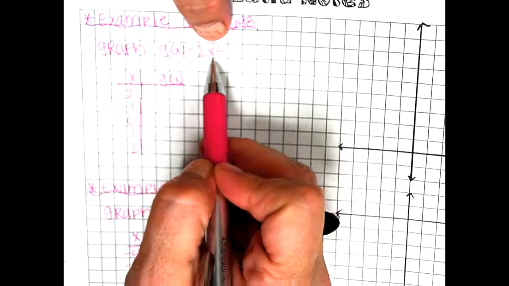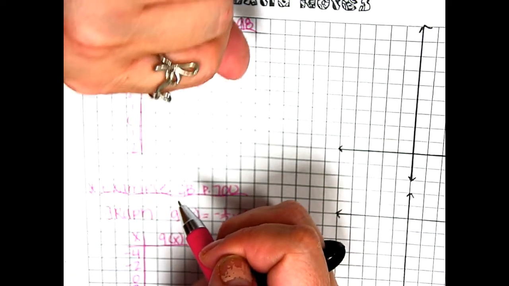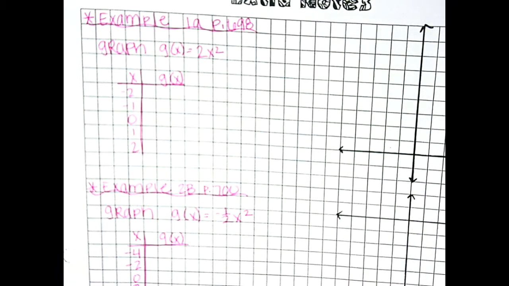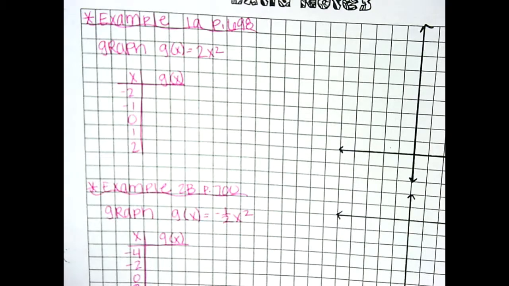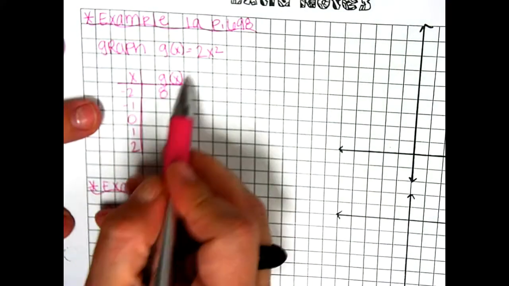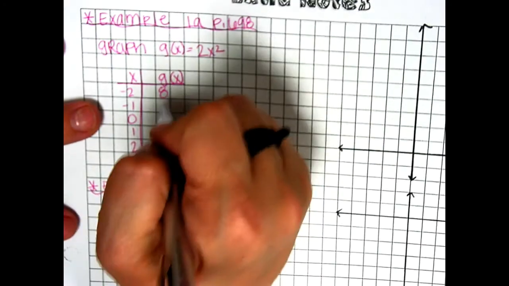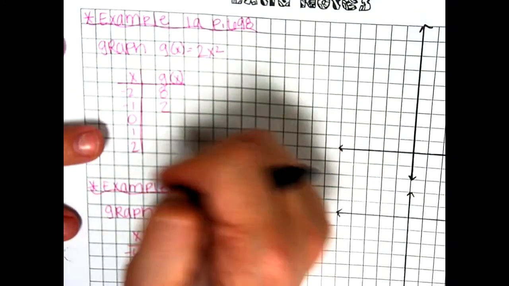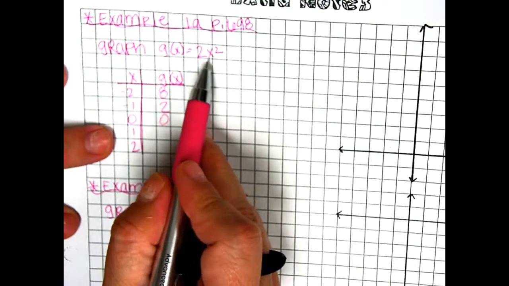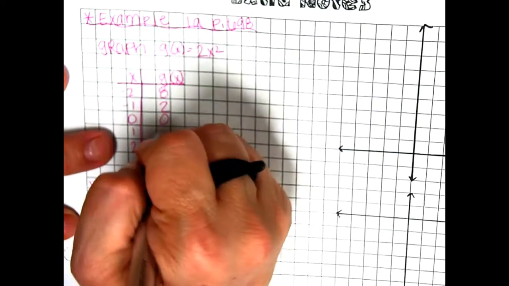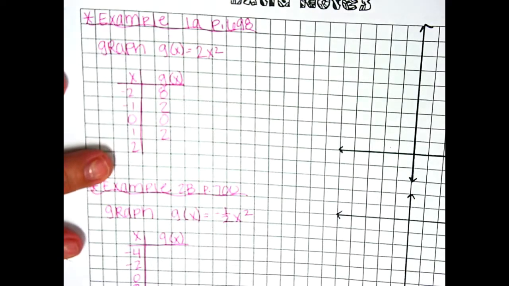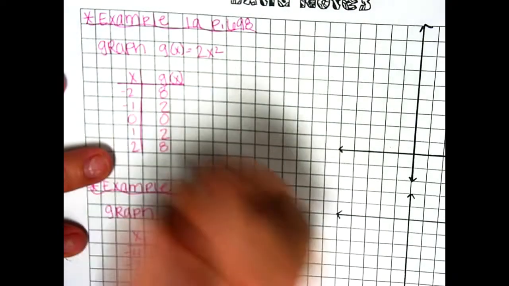If I put -2 in for x, -2 squared is 4 times 2 is 8. -1 squared is 1 times 2 is 2. If I plug a 0 in there, I get 0. If I plug 1 in, 1 squared is 1 times 2 is 2. When I plug 2 in, 2 squared is 4 times 2 is 8.